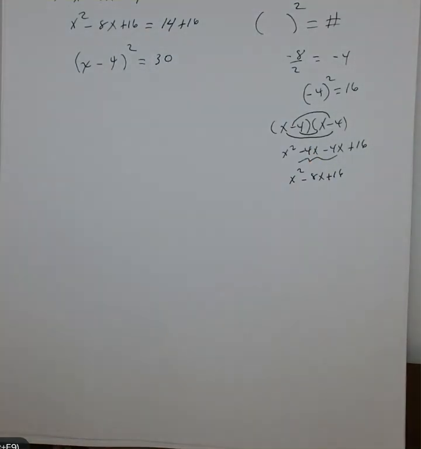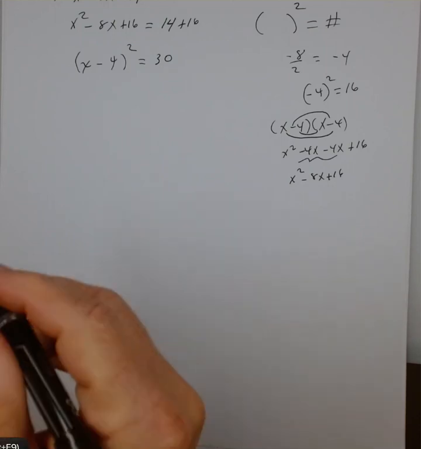Okay, so now that looks like number 1 that we did earlier. How do you get x by itself? What's the next step? Square root property. So you can take the square root of both sides.